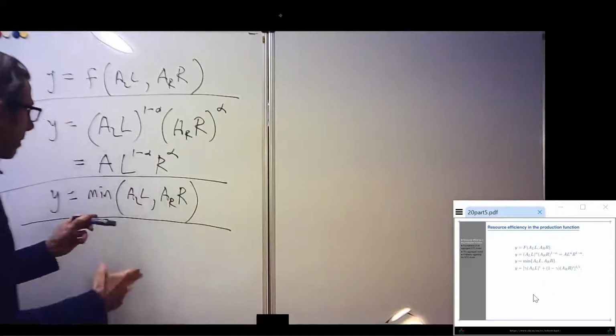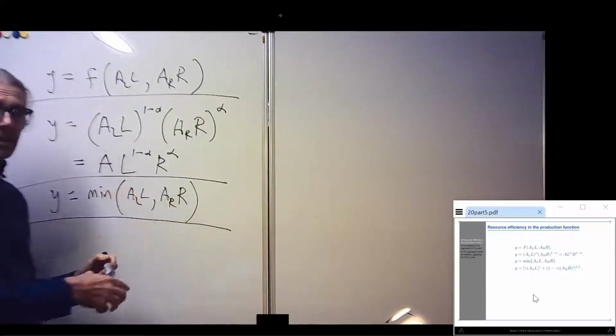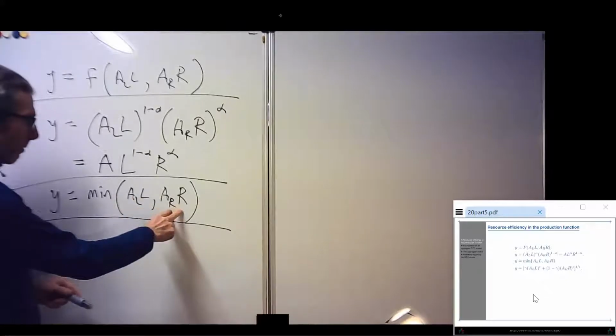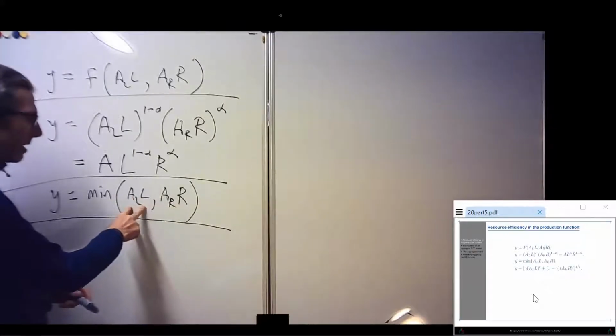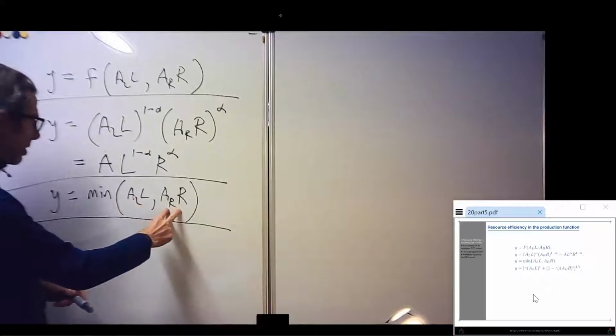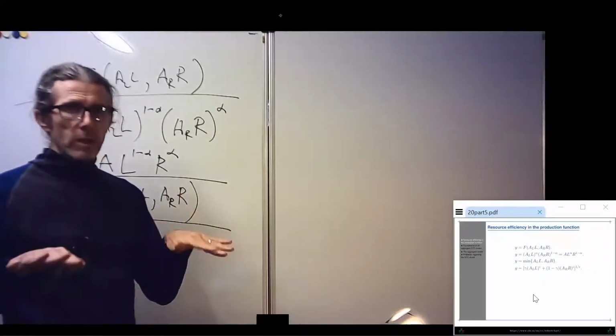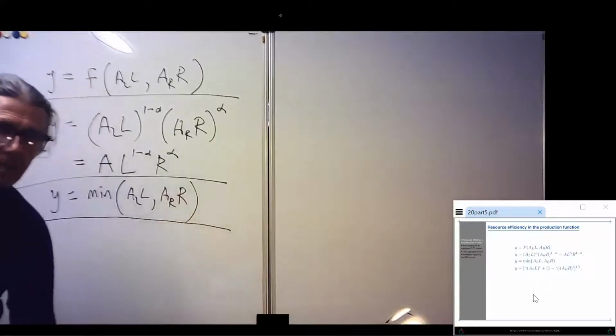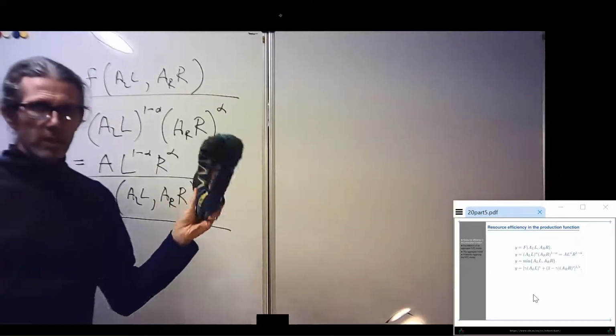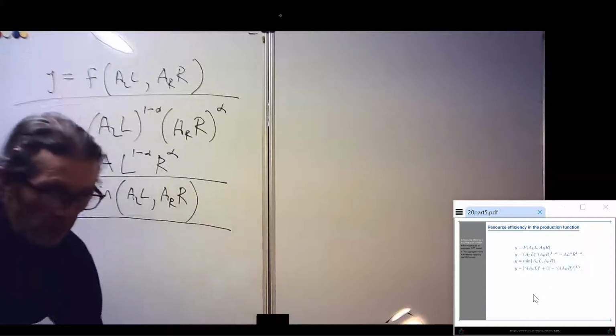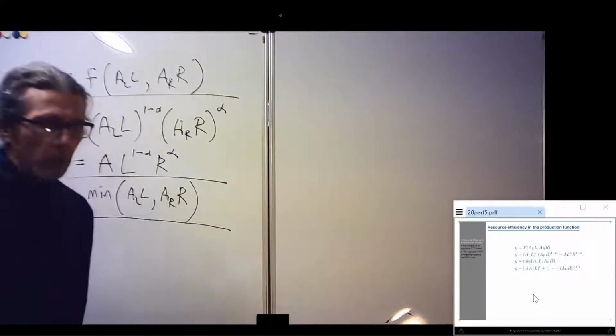And if we have more than that, if we keep one of these at 1 and make the other one 100, it doesn't help. We still only get 1 unit of product. So you basically need the 2 inputs in fixed proportions. It's like shoes. Doesn't help having 100 left shoes if you've only got 1 right shoe.